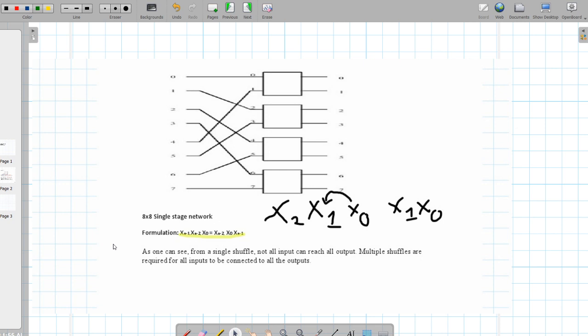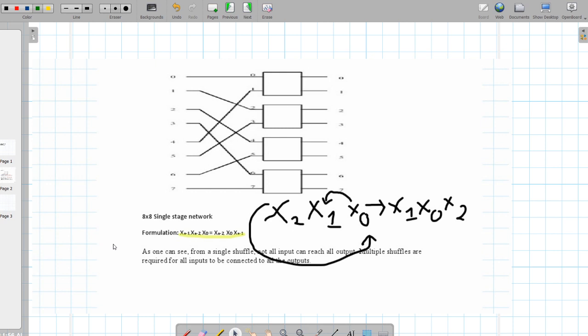But if you think of this in a circular way, x0 is on the left side of x2. So x2 will be brought in place of x0. So if you apply your function to this number, the resultant number sequence will be this.